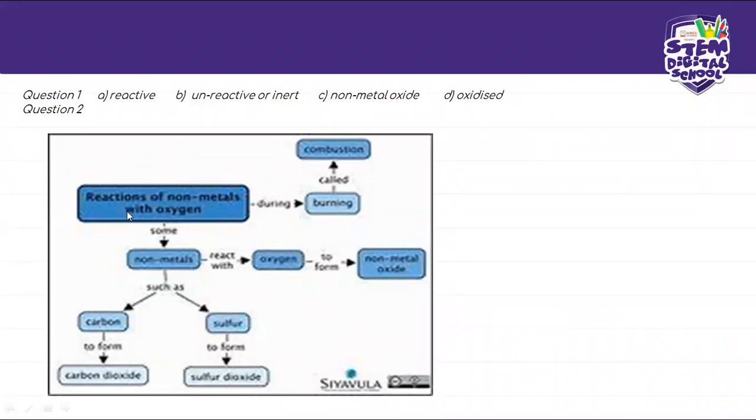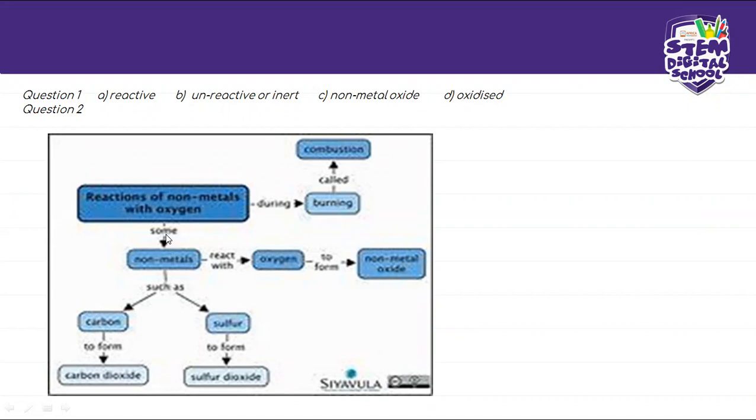Now we are looking at reactions of non-metals with oxygen. During burning, when a non-metal reacts with oxygen, that is also called combustion. You see the arrow that goes down.